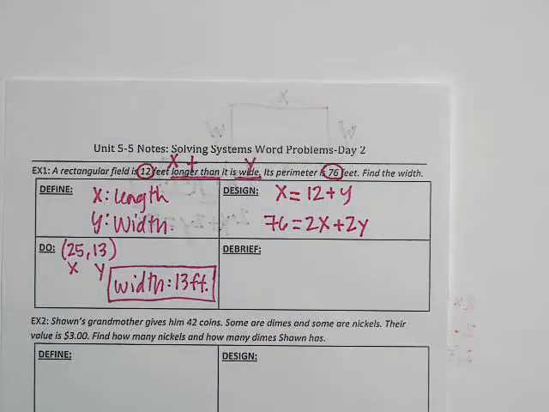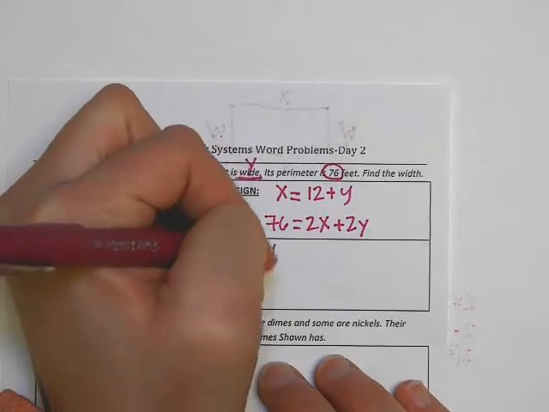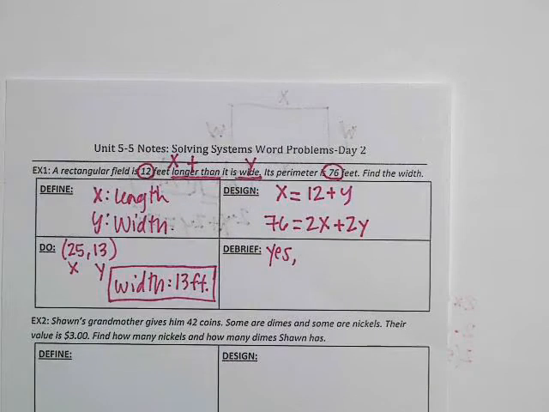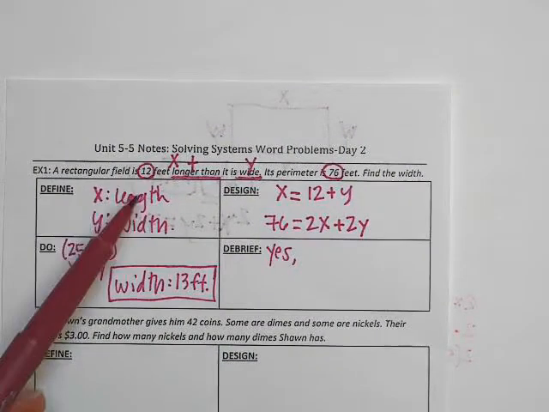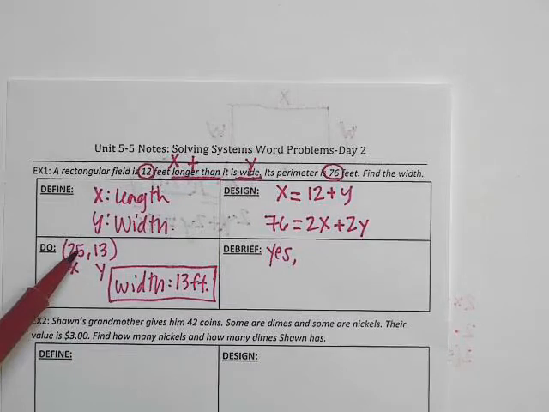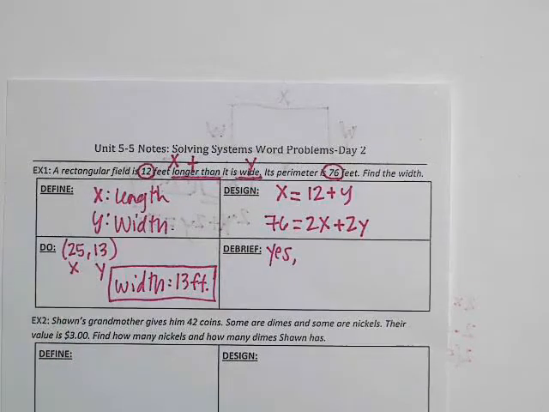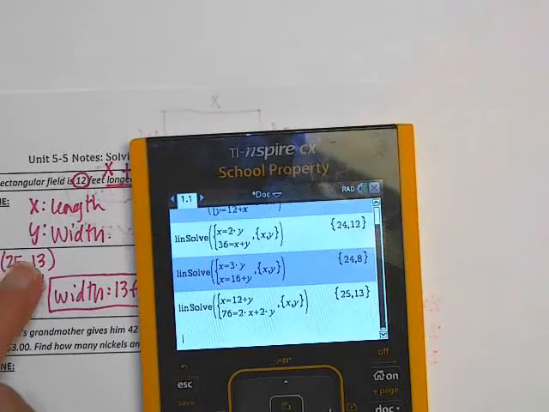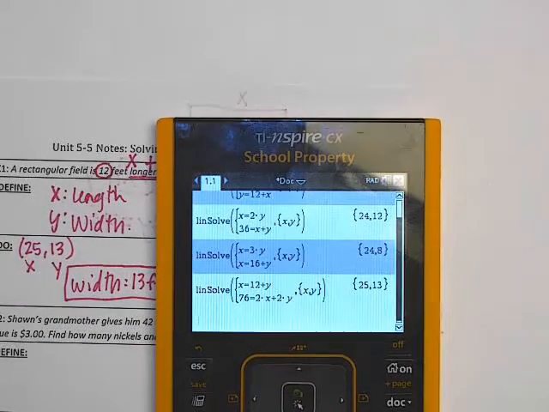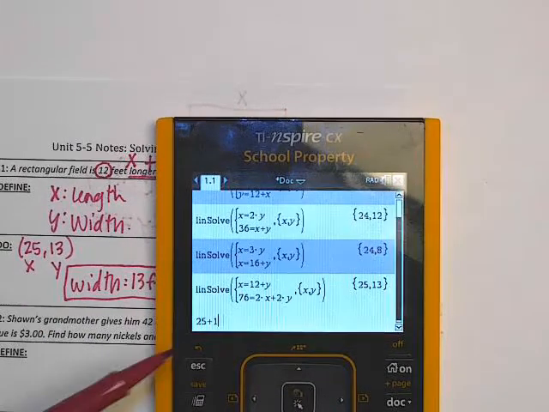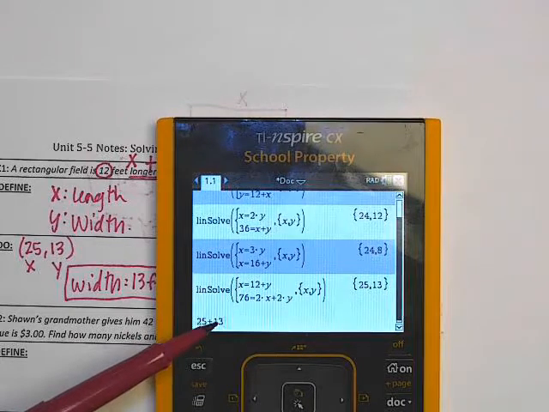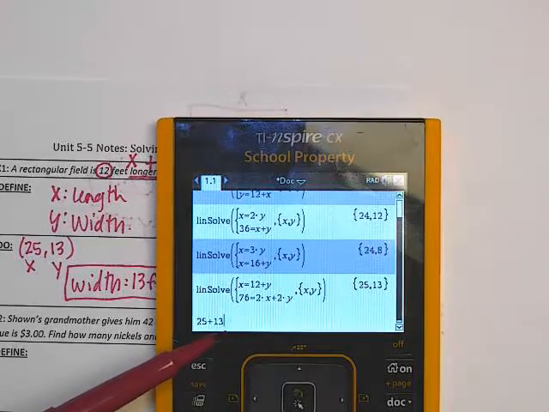All right, my debrief. Did I answer the question that it asked? Yes. It asked for width, and we answered the width. Is it reasonable? Is the rectangular field 12 feet longer than it is wide? Yes. Is its perimeter 76 feet? Well, let's see. How would I find perimeter with these two numbers? You add them. That's one side, that's the second side. How many sides are on a rectangle? 4.